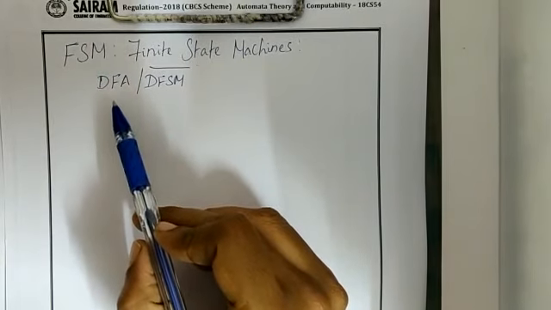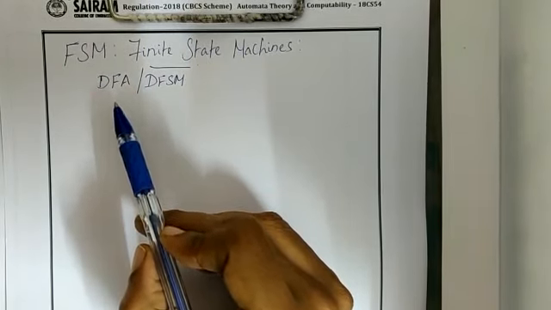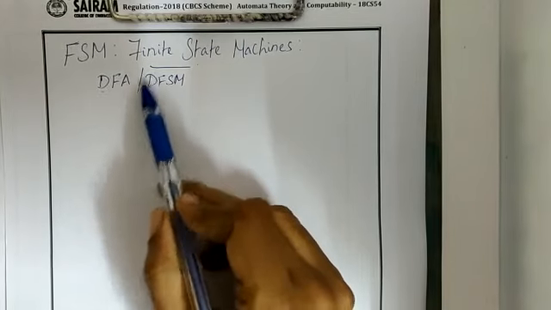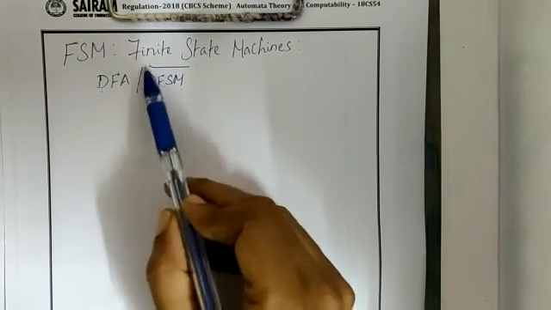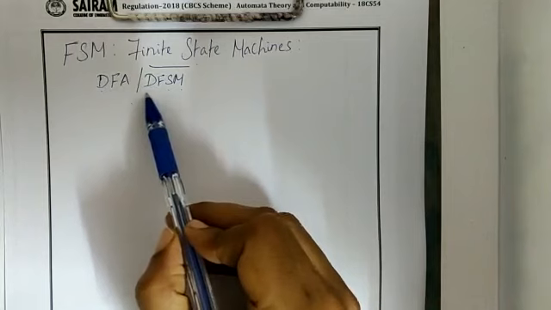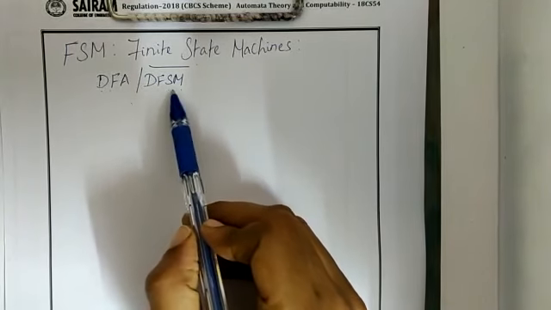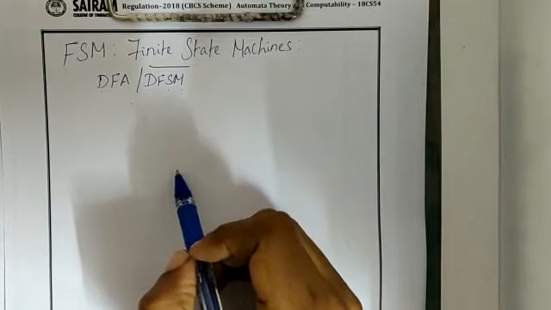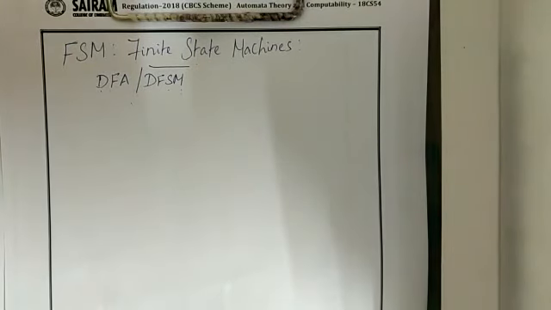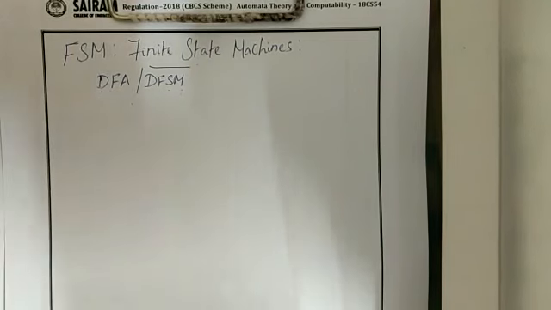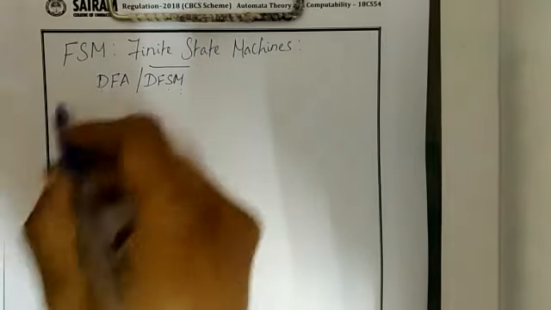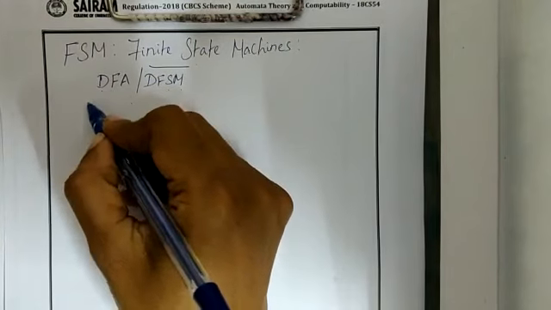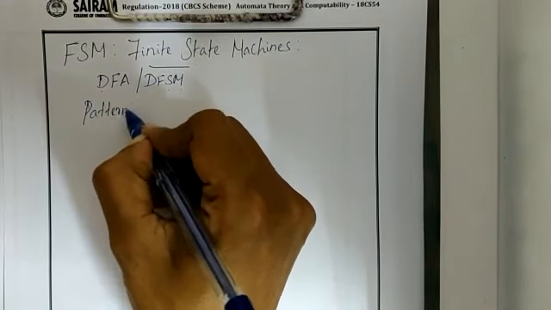So we'll be seeing the first type, designing DFA or DFSM. DFA stands for deterministic finite automata, or I can say DFSM, deterministic finite state machines. So I can construct a DFA for various problems like pattern recognition problem, divisible by k problem, and mod k problem.